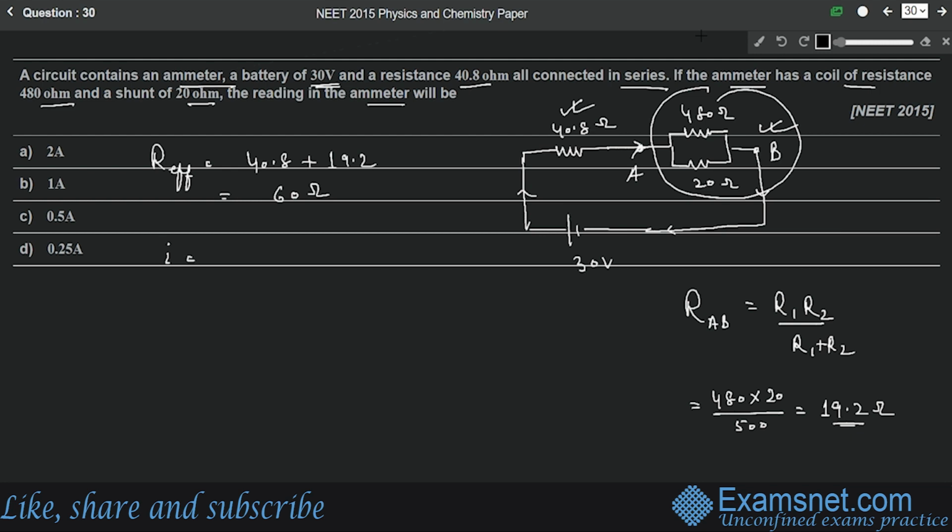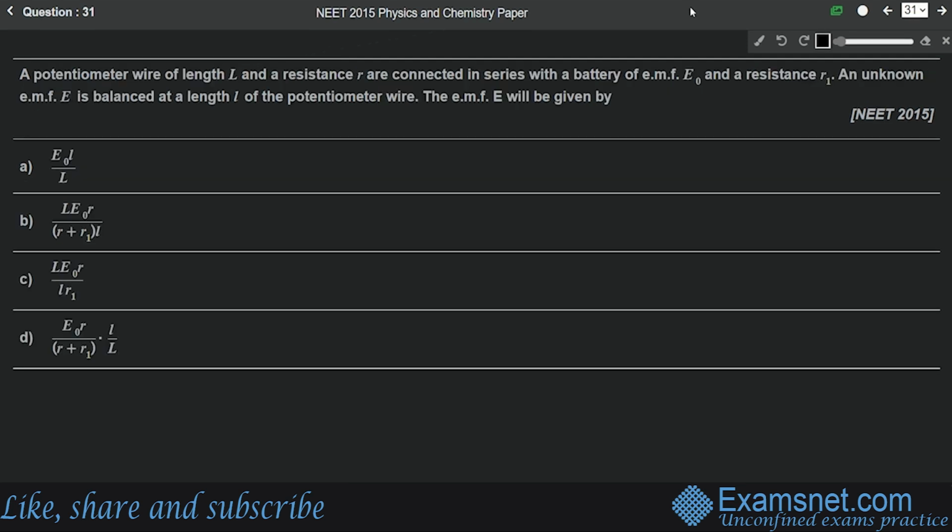So current will be equal to the potential difference or the voltage divided by the effective resistance. Voltage is 30 volt, effective resistance is 60. So it is 1 by 2 ampere, that means 0.5 ampere. So the ammeter will show the reading 0.5 ampere. That means option C will be the correct answer.